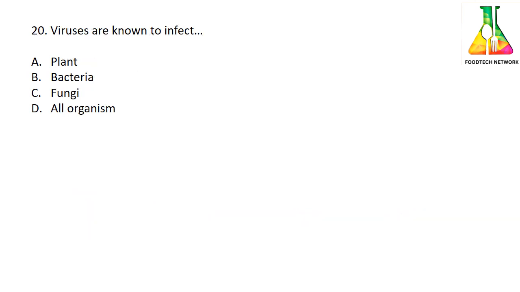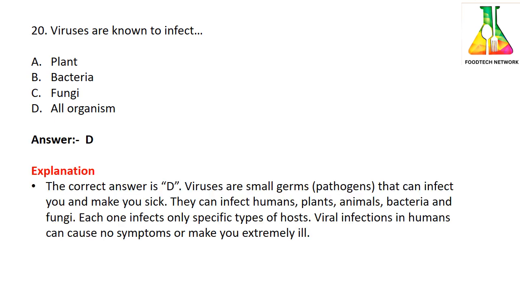Question 20. Viruses are known to infect dash. Option A plants, option B bacteria, option C fungi, and option D all the microorganisms. So D is correct. That is, all the listed microorganisms can be infected by viruses. Viruses are small germs or pathogens that can infect you and make you sick.